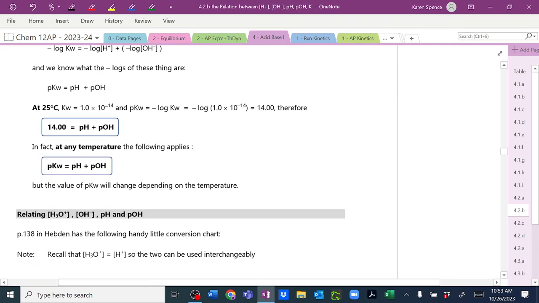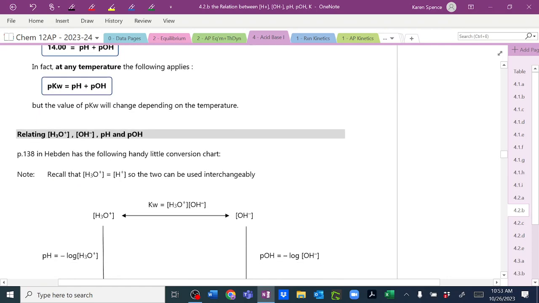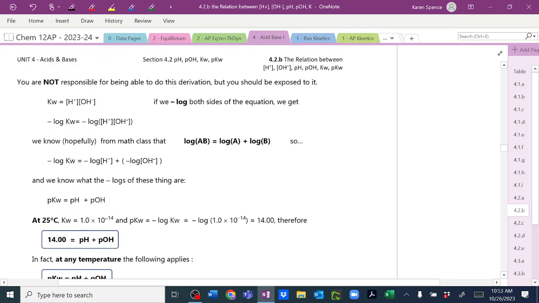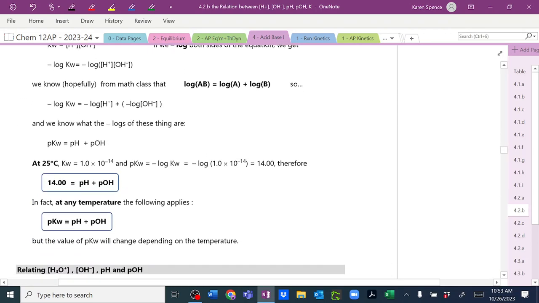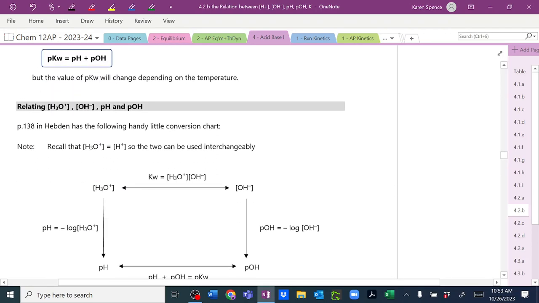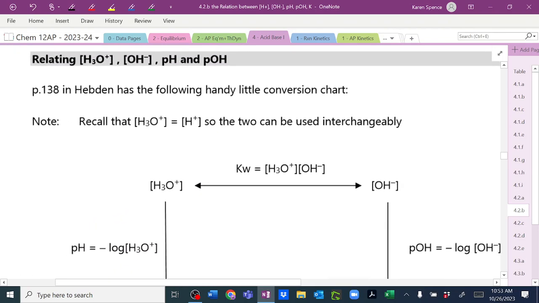Okay, this just goes through the whole thing. We're going to skip to our next page because we just went through the math. So we're now on page 78, halfway down the page. Hebden has a lovely little conversion chart. P stands for the power of 10.